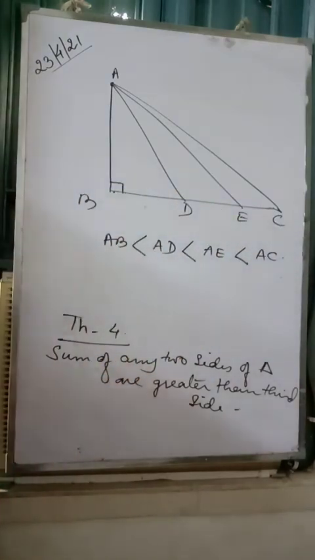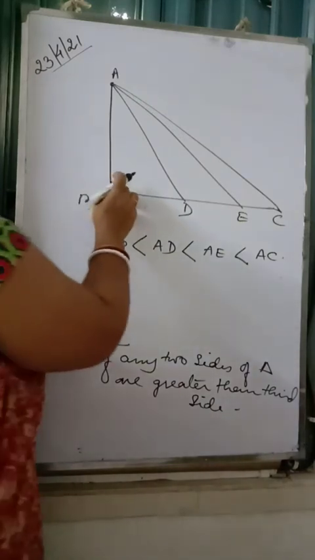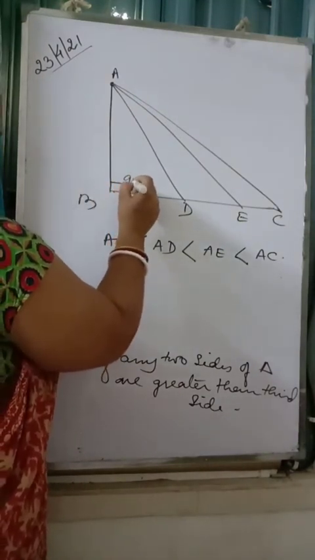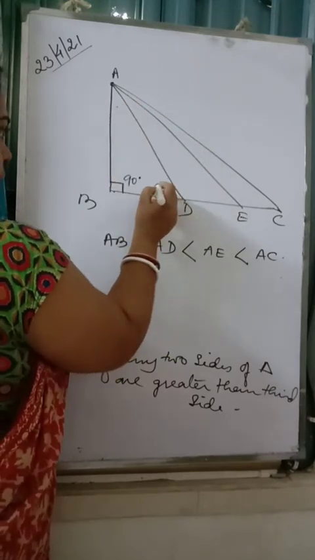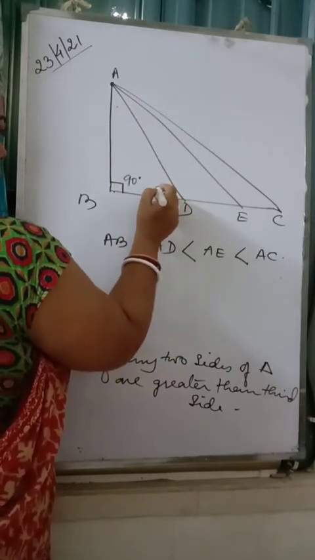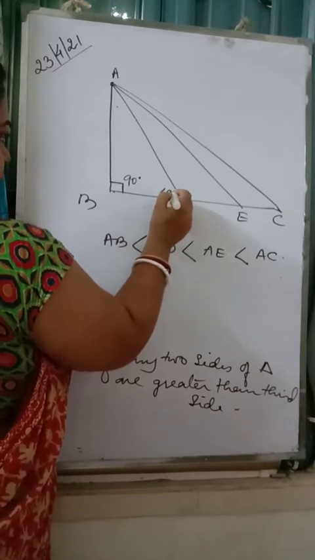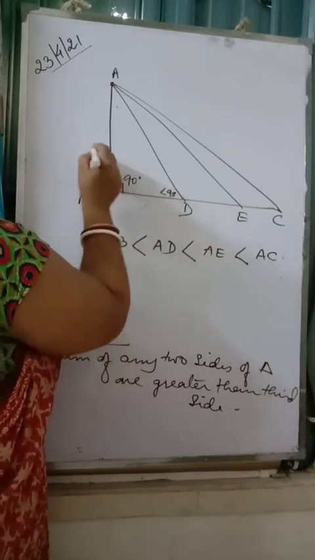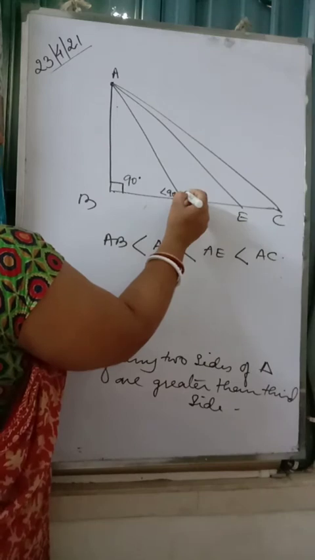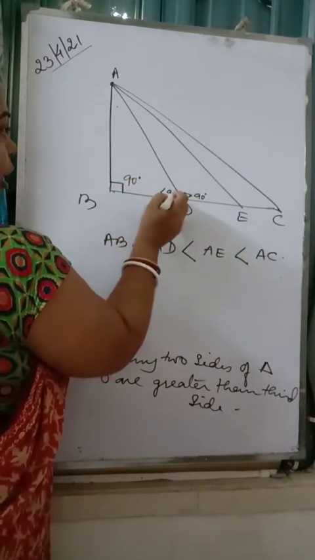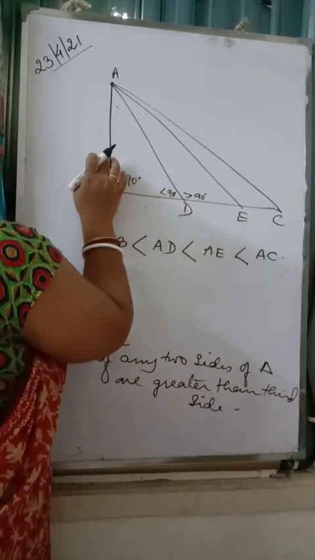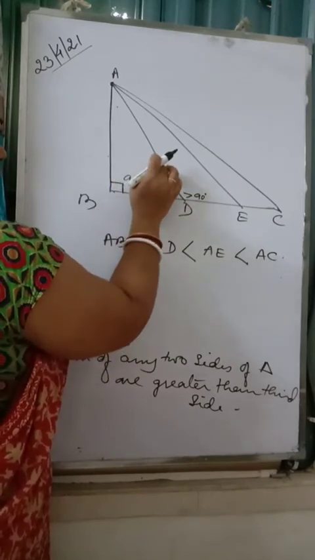Why is this so? Just see, if this angle is 90 degrees, surely these two angles would be less than 90, is it or not? If this is less than 90, this would be more than 90. So opposite to this angle we have this side, and opposite to 90 degrees we have this side.